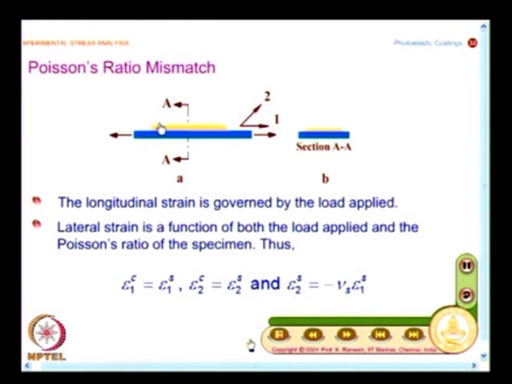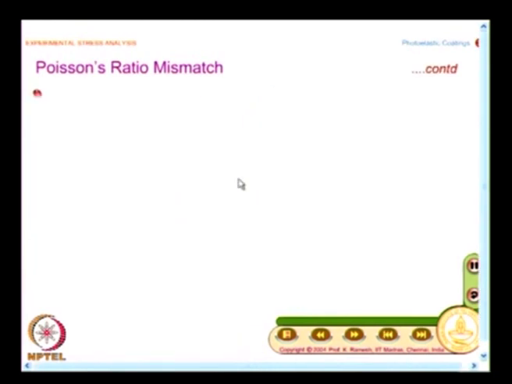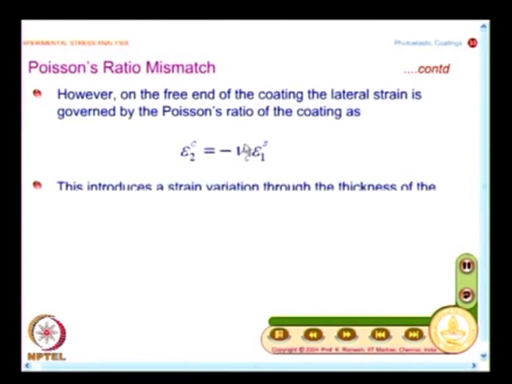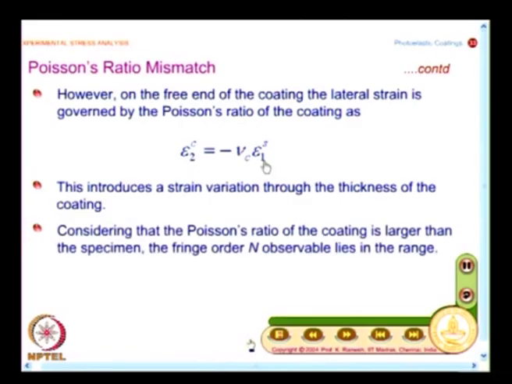But what happens on the top surface? On the top surface, the strain is related to nu c times epsilon 1 s. So, this is the difference.